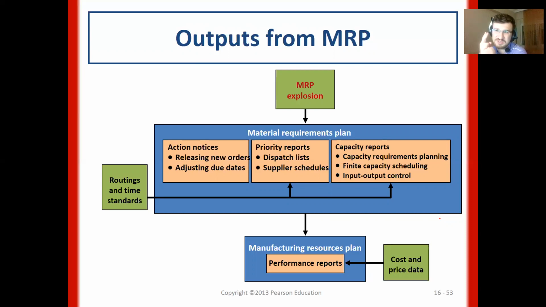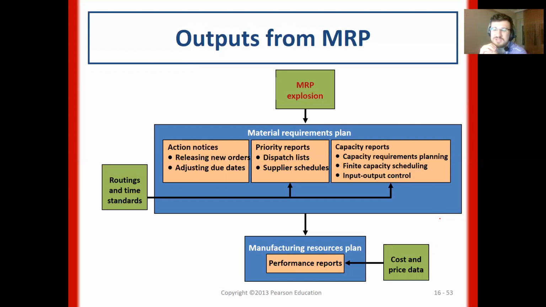for each component. And after MRP explosion, we will get some important data that could be used to take an action in the workshop, or develop some dispatch lists or supplier schedules.